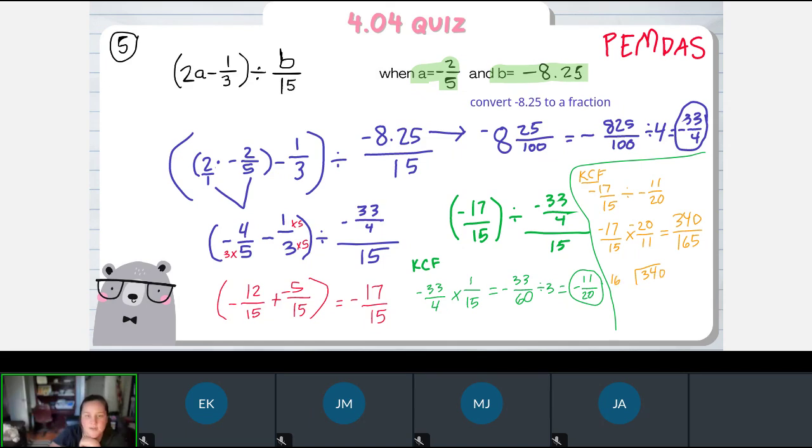So 165 can go into 340 2 times. That would give you 330. When you subtract that, you're left with 10. So your final answer, well, almost final answer, would be 2 and 10 over 165.